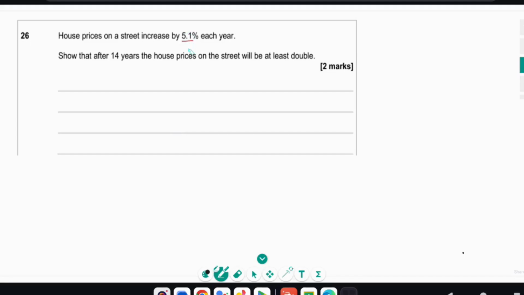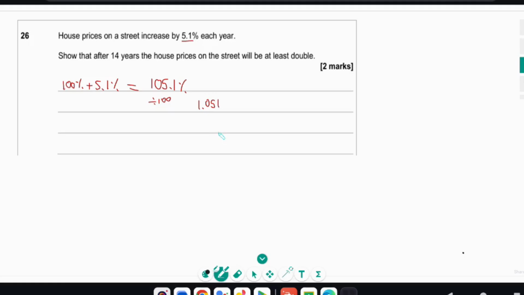So when you increase something by 5.1%, you've got all of it, which is 100%, add the 5.1%. So increasing something by 5.1% is the same as finding 105.1%. Now, what is that as a multiplier? What is that as a decimal? Let's divide it by 100 to get 1.051.